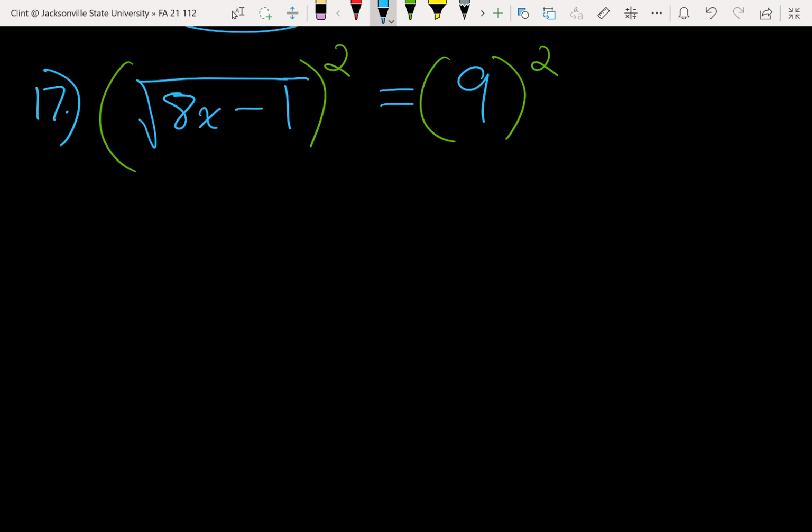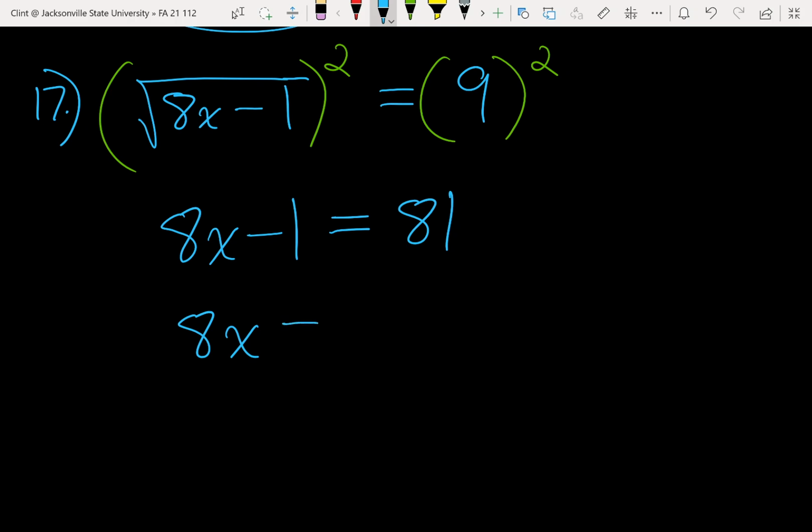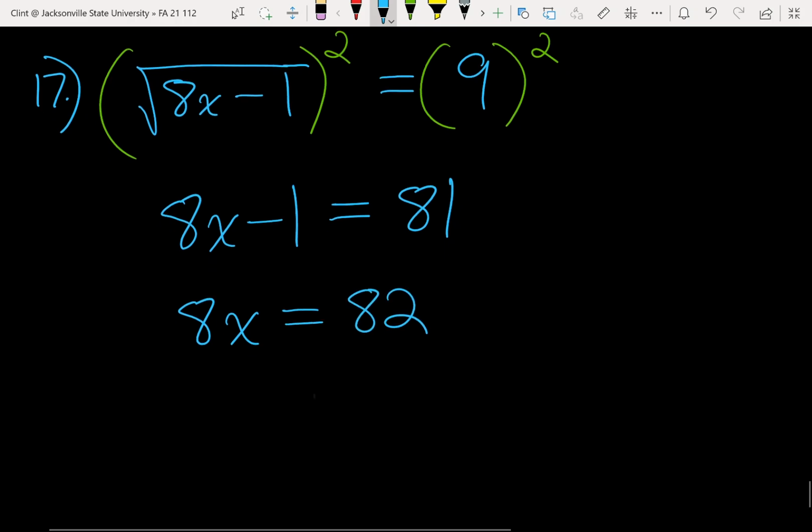On the left, the square and the square root cancel out. We just get 8x minus 1. On the right side, 9 times 9 is 81. I'm going to add 1 to both sides. Divide both sides by 8.